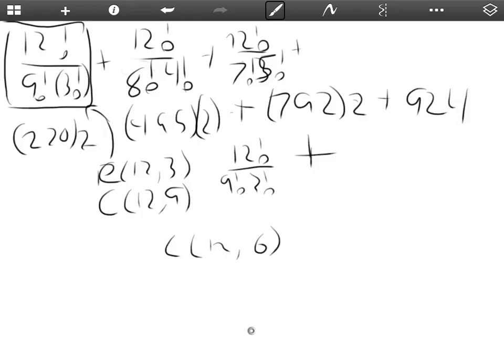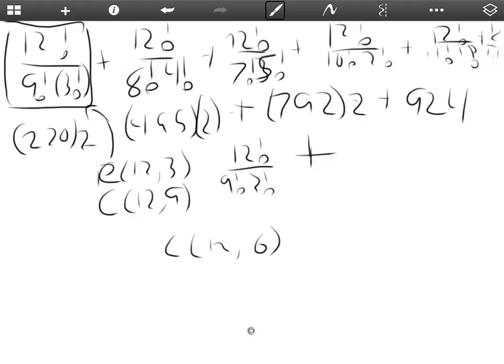Does that even cover it? No. We still haven't done 12 factorial over 10 factorial times 2 factorial, or 12 factorial over 11 factorial times 1 factorial, and the last one, which I don't have enough space for.